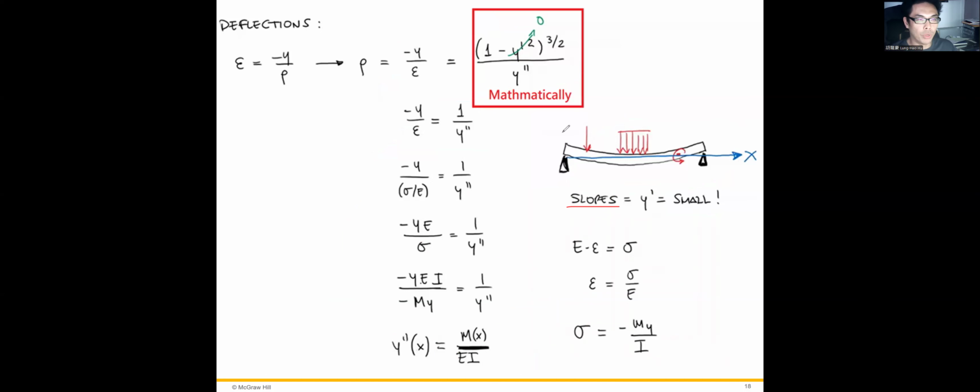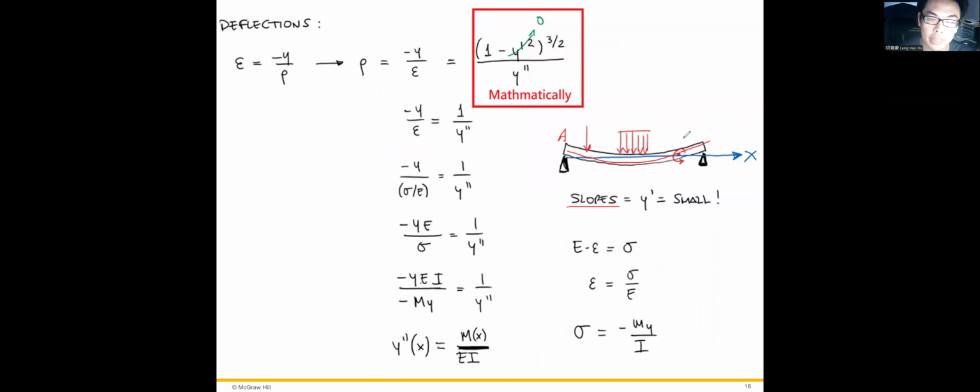For example, if we look at the point A right here, the beam is subject to some pure bending, some distributed load or central load. This beam will be bending, and will deform this way.